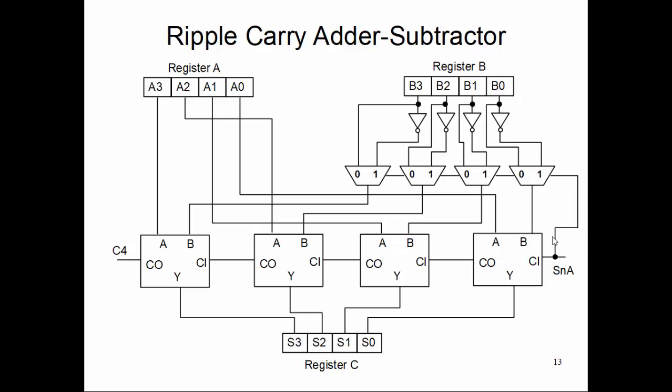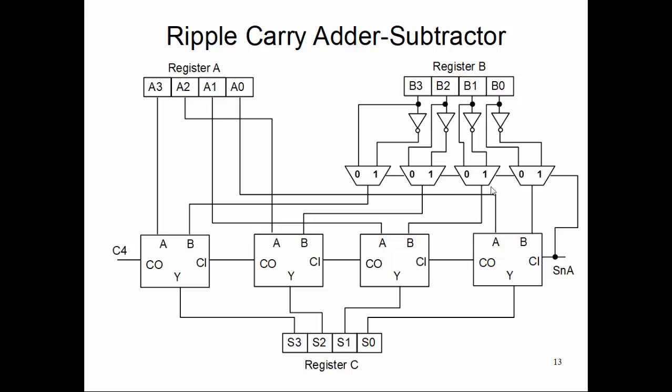Okay, so this SNA is a selection terminal, let's say, for the 2x1 1-bit multiplexer, and this same SNA goes to the selection of mux 1, mux 2, mux 3, and mux 4. That's what this daisy kind of connection represents here.